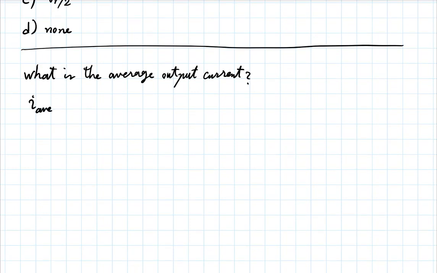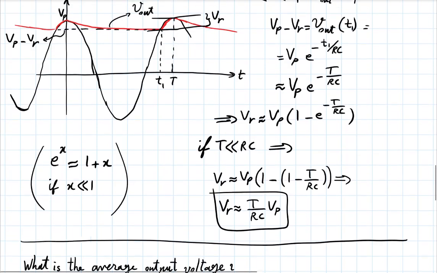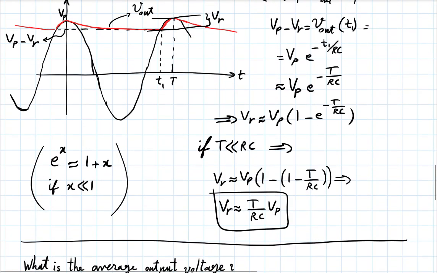I average is V out average divided by R, which you can work out on your own. Let me label these.